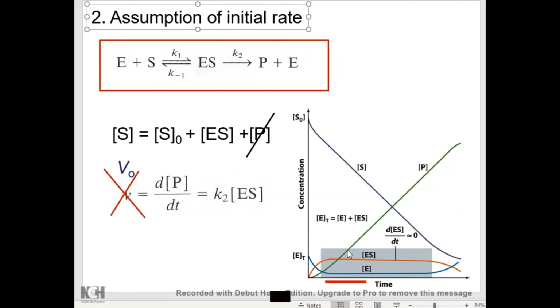At this time point, the product concentration is still small in comparison with substrate, and that helps us to neglect the concentration of the product in comparison with the concentration of the substrate. However, in this case, we change our velocity to V naught, which stands for initial velocity rate.